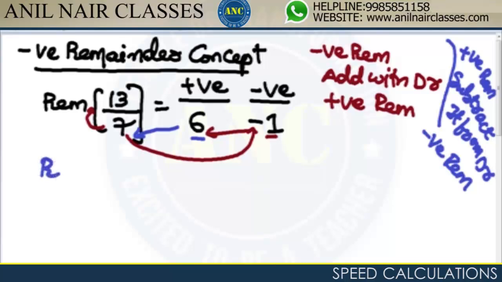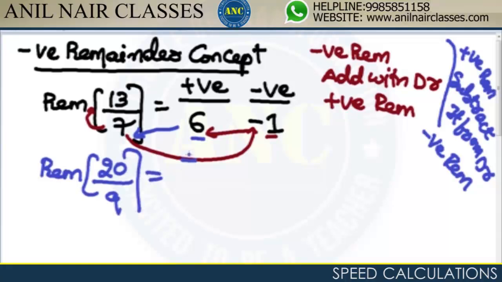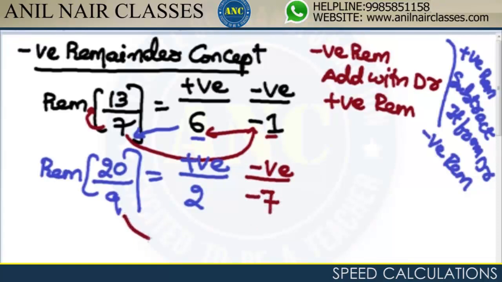One more example. 20 divided by 9. 9 twos are 18. Positive remainder is 2. Negative remainder: 9 threes are 27, negative remainder is minus 7. 9 minus 7 is 2.